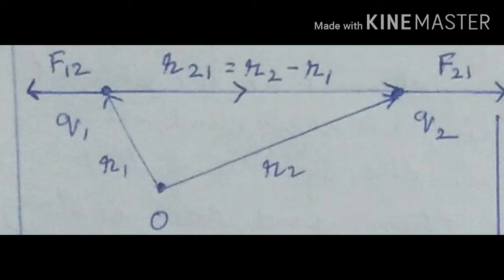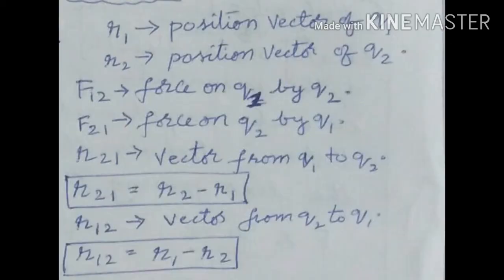That is, Q1 is pushing Q2 and, because of Newton's third law, Q2 is pushing Q1 in the opposite direction. In this slide, you can see the meaning of the symbols that are used in the previous diagram.